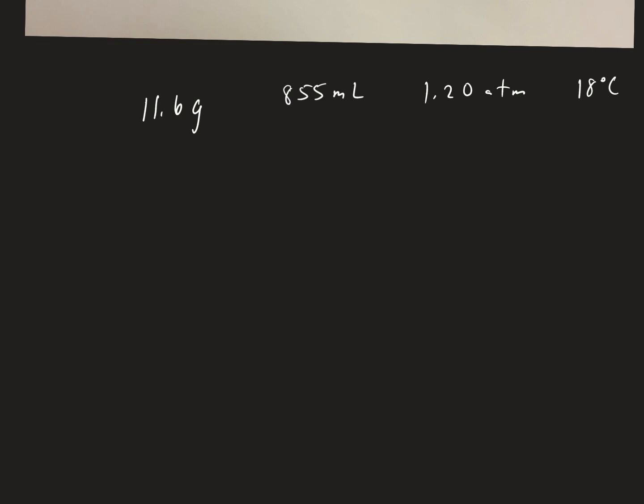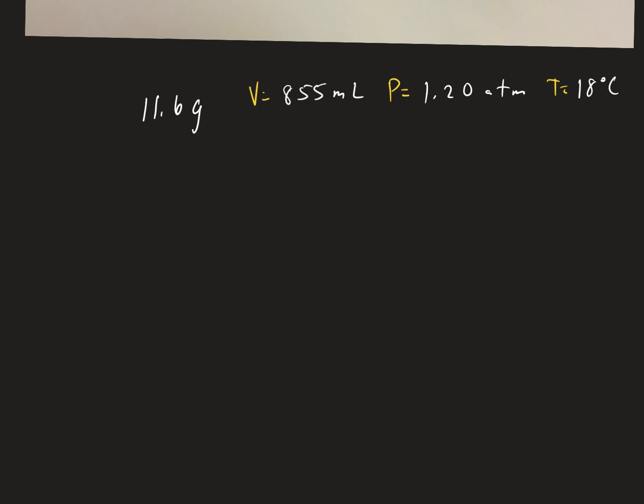So we have to determine the molar mass of this gas. What do we know? We know volume, pressure, and temperature. So from here, what can we calculate? Number of moles.